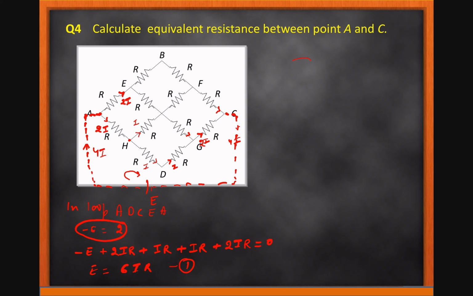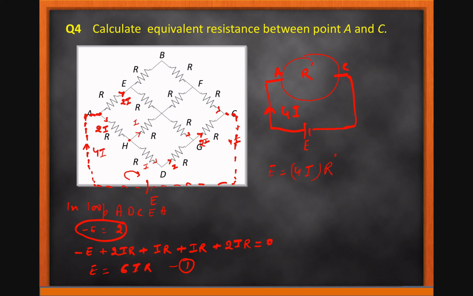If we assume the whole circuit resistance equal to R dash, this point is A, this point is C. If current is passing here 4I, so E should be equal to 4I into this R dash, the net resistance.